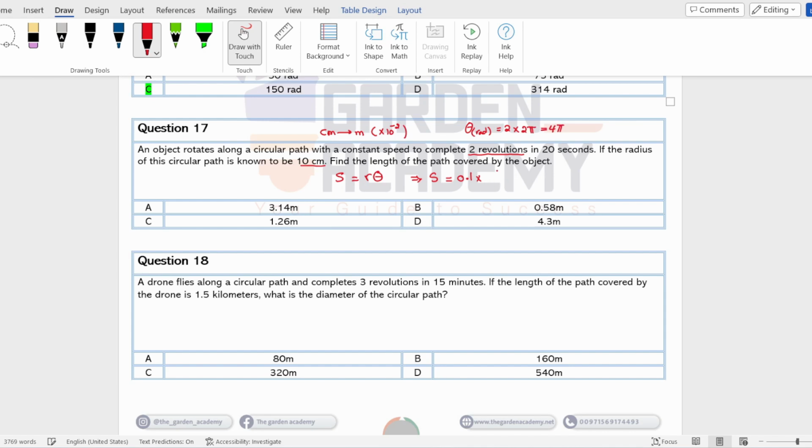Now we go back here and substitute 4 pi. So S is equal to 0.1 multiplied by 4 pi, and the answer is 1.26. Based on that we choose C.